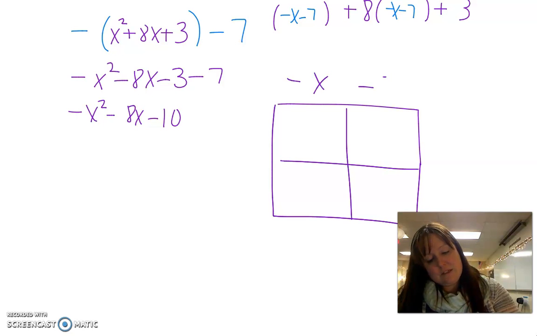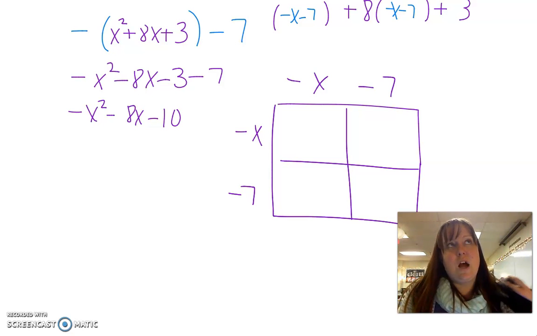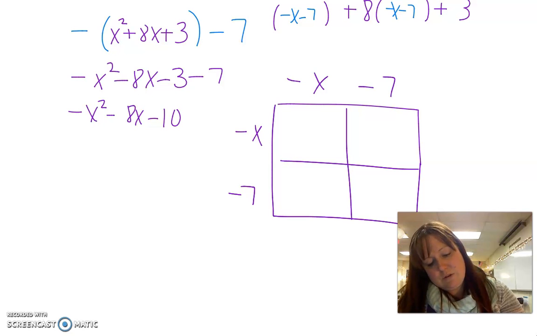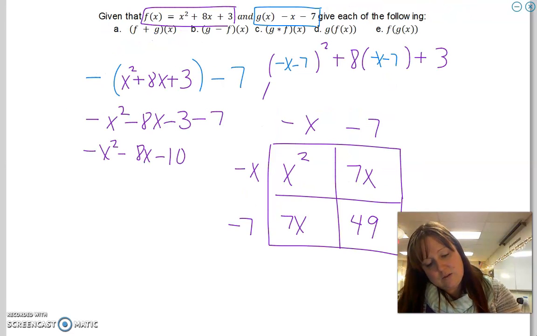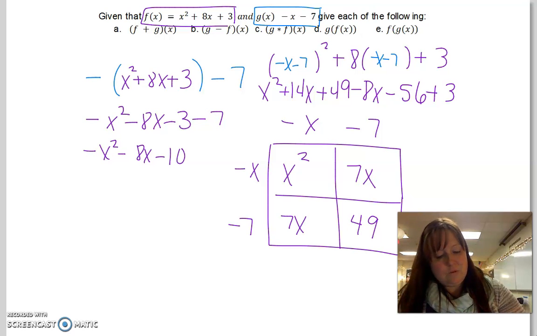So negative x minus 7, negative x minus 7. When you have all these extra negative signs, it's sometimes good to not try to do it all in your head. So this becomes x squared, that becomes 7x, that becomes 7x, and that's 49. So we're going to have x squared plus 14x plus 49, plus minus 8x minus 56 plus 3. So that's just multiplying everything out.